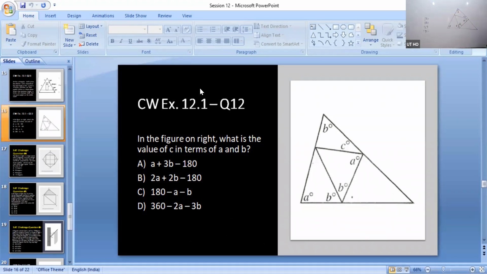So we want C in terms of A and B. D. Okay. There is saying D. So this is option D. Option D, last option. Okay. Yes.